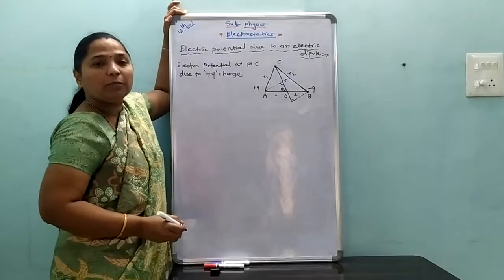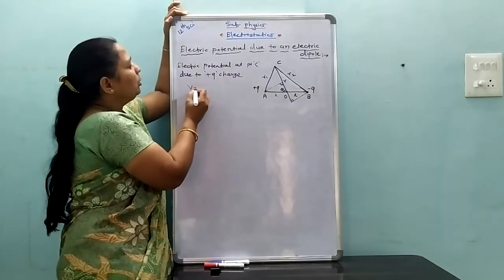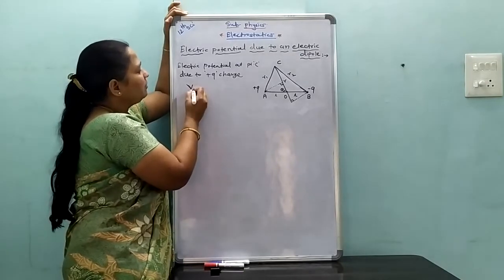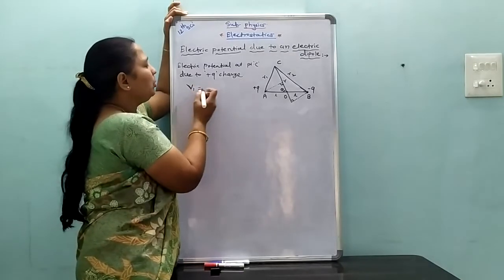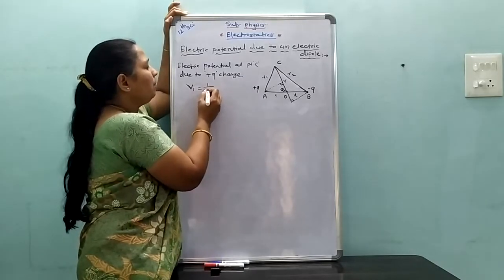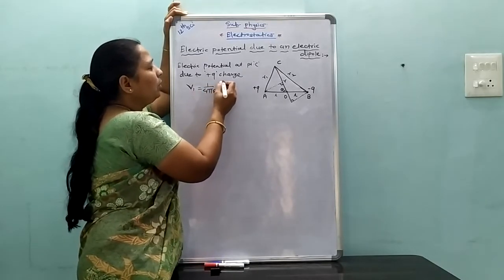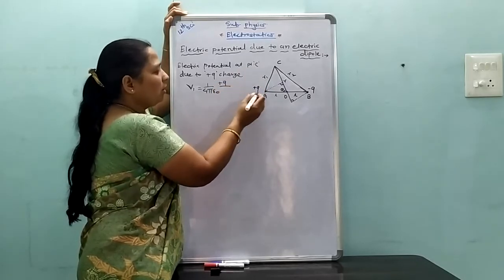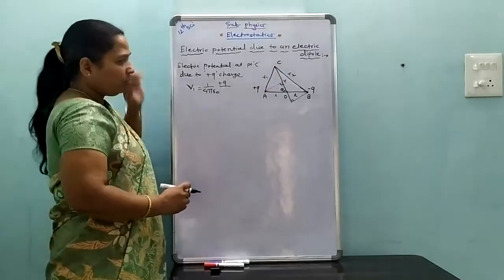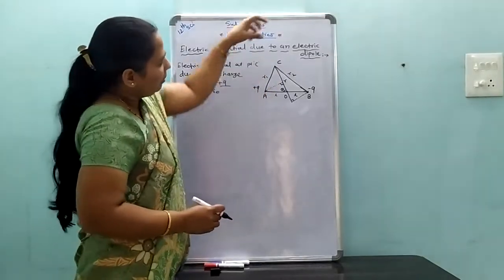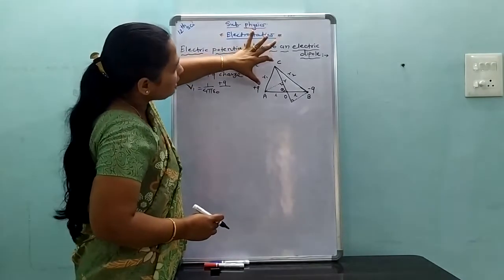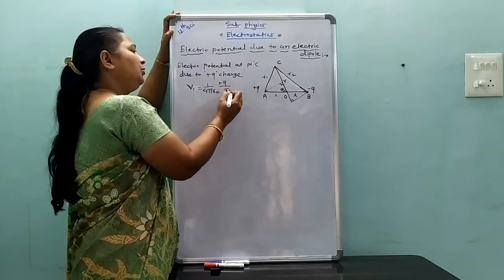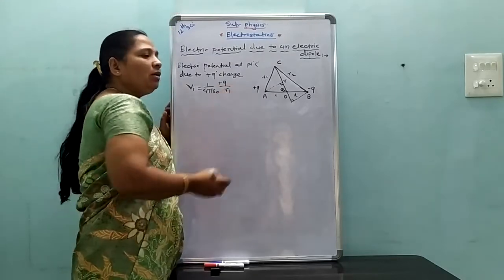By definition of electric potential, V1 is equal to 1 upon 4 pi epsilon 0, times the charge plus Q, upon the distance of point C from that charge, which is R1. So V1 is equal to 1 upon 4 pi epsilon 0 times Q upon R1.